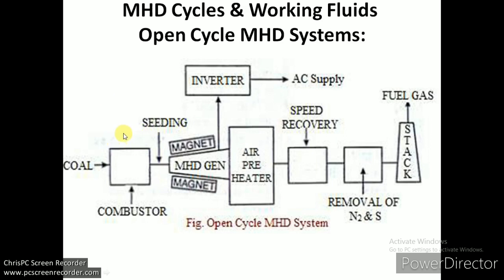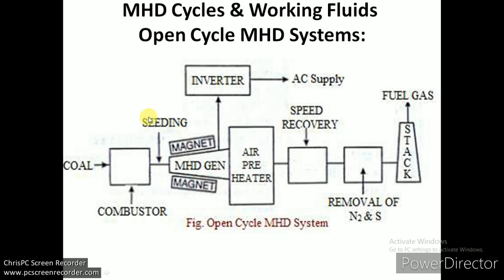In the open cycle MHD system, the working fluid is used once, and once the power is generated it is exhausted to the surroundings with the help of the stack. As you can see here, it is exhausted to the stack and surroundings.